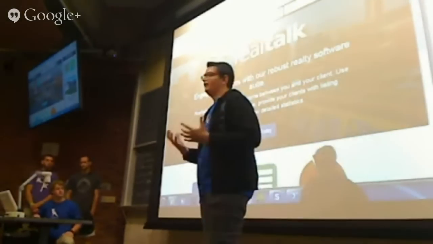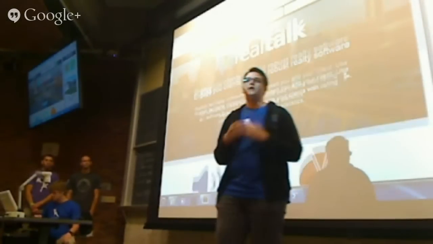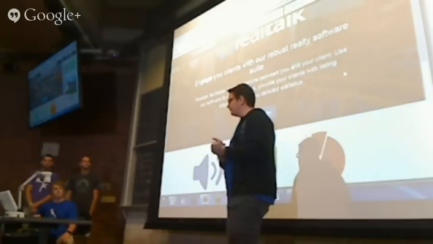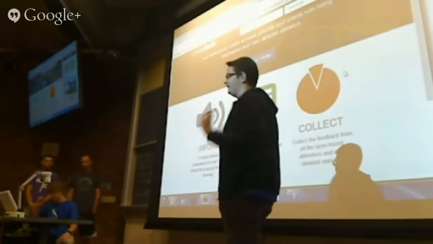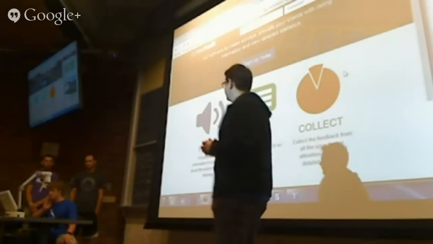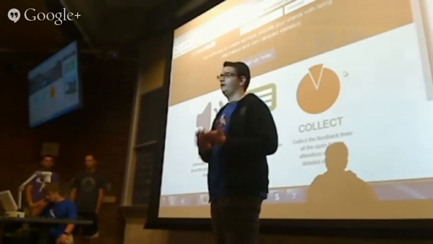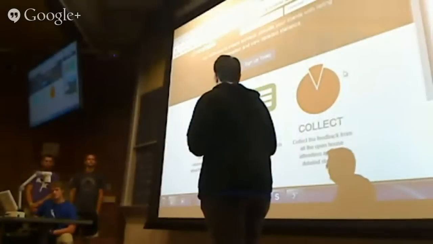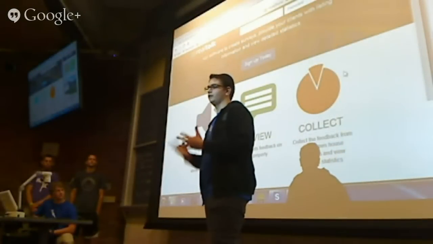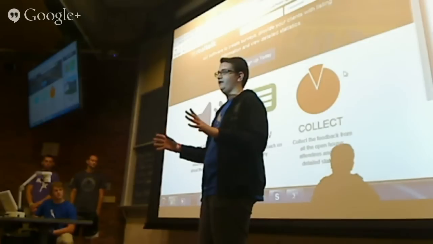It facilitates communications between realtors and their clients. So what can Real Talk do? Real Talk can serve information to your client, it can survey your client, and it can collect data and present it to the realtor, show the realtor, here's what they think of the house.